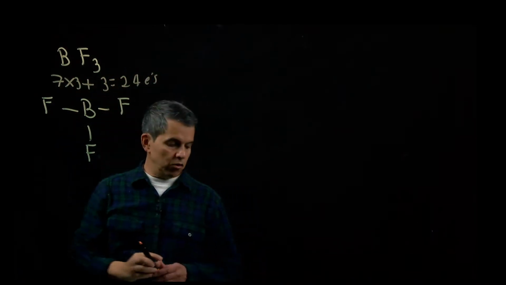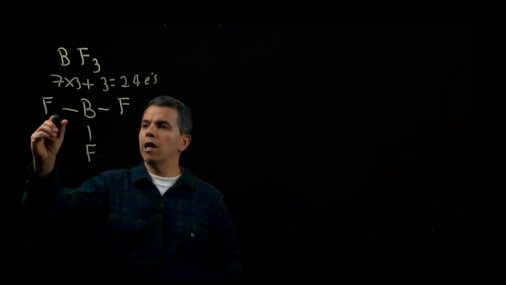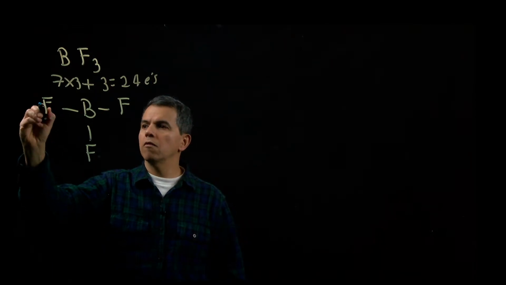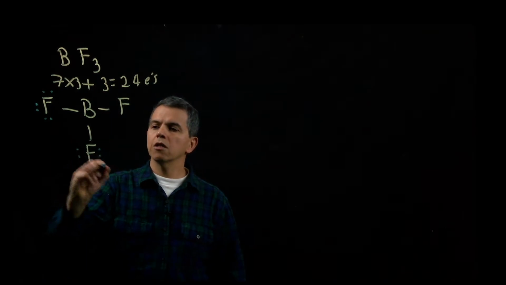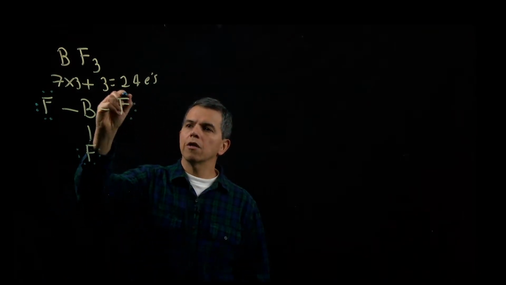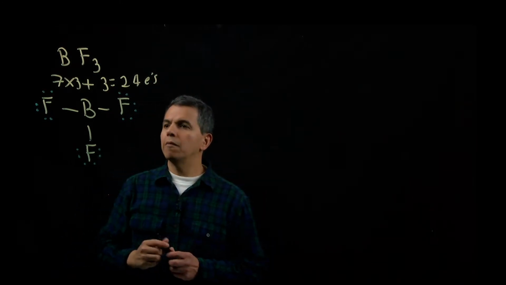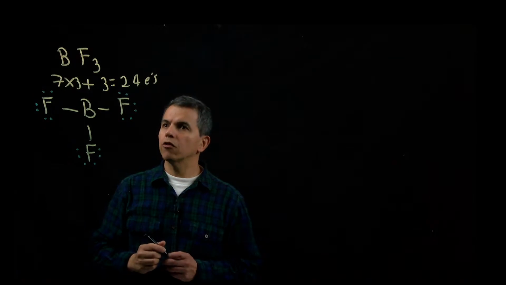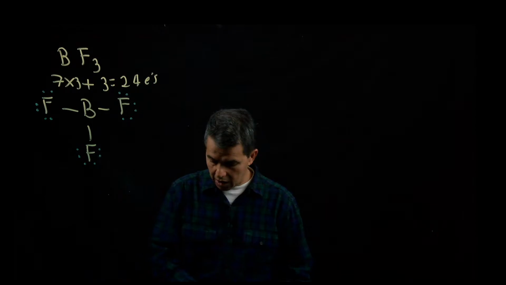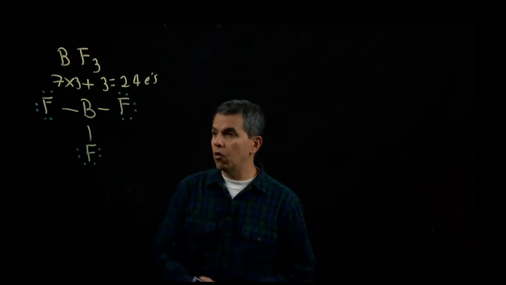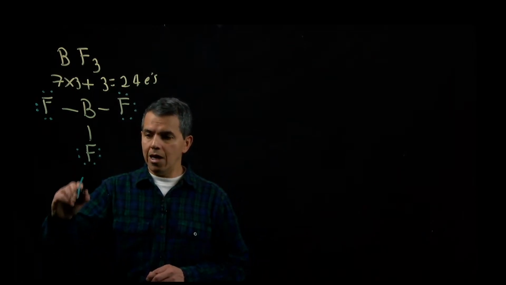If we place those electrons around the fluorine atoms, we have 1, 2, 3, 4, 5, 6, for each, that's 18. And then we have 6 for the bonds that are made with boron. So that's a total of 24 electrons. Now we can see from this, for this species, that we have no lone pairs for boron. So this geometry is an AX3.